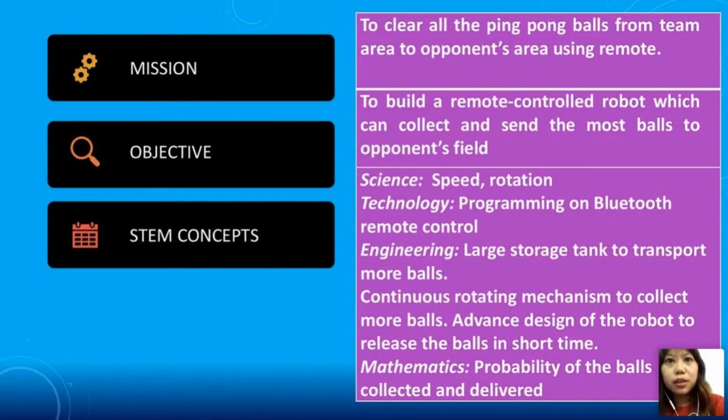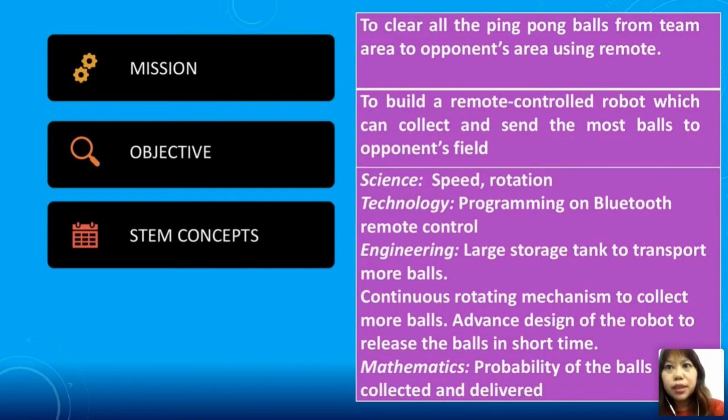The robotic competition module consists of 10 activities. The first one is that the student needs to clear the ping pong balls, and the objective is that the student uses the remote control to collect and send the ping pong balls to the opponent's field. The STEM concepts learned are science concepts including speed and rotation, while in technology they learn how to program using a Bluetooth remote control.